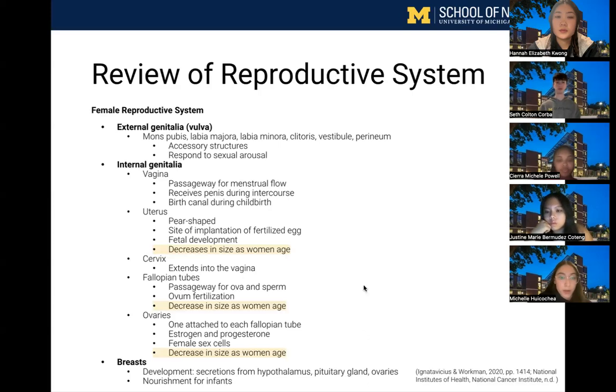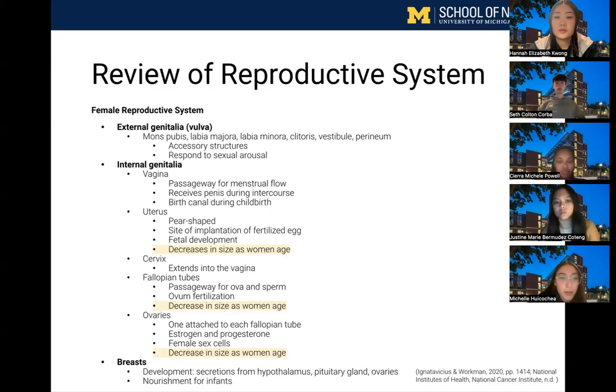This is also where the ovum is fertilized, and this structure also decreases in size as women age. Next are the ovaries, which also decrease in size as women age. There is one ovary attached to each fallopian tube. It's where estrogen and progesterone are produced, as well as where female sex cells develop.